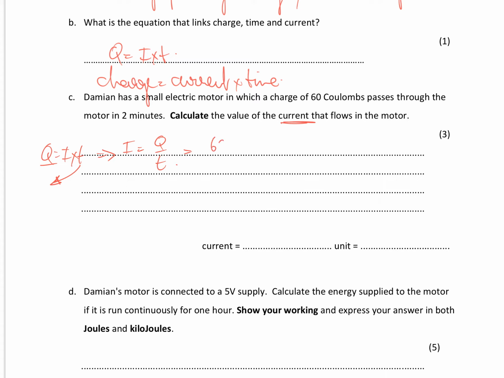I want 60 in here and then 2 minutes, but note it's in minutes and I want it in seconds, so times that by 60, leaving me with 0.5 coulombs. Please note you've already had that mark previously, so therefore a mark for substitution, a mark for understanding that it's in minutes to seconds, a mark for the answer and a mark for the unit.